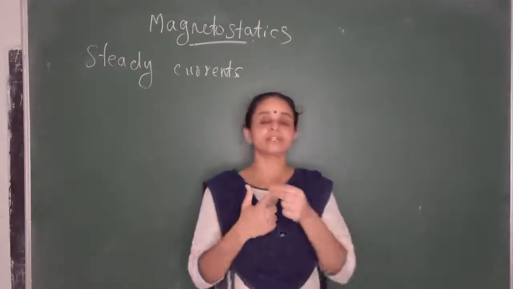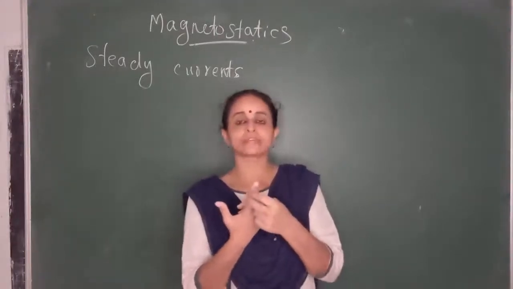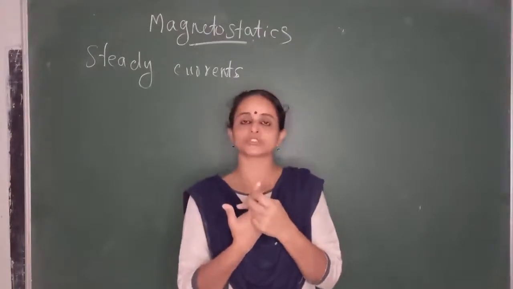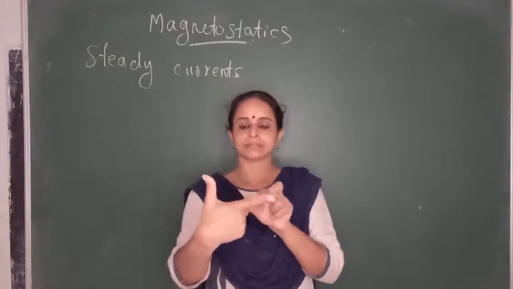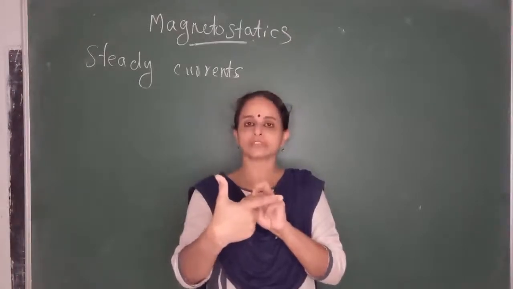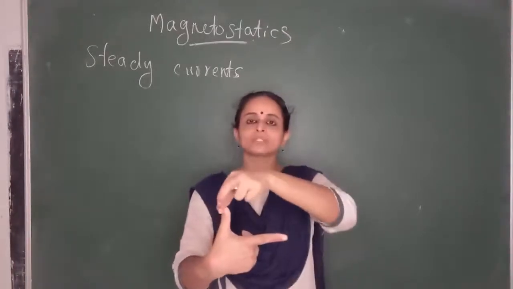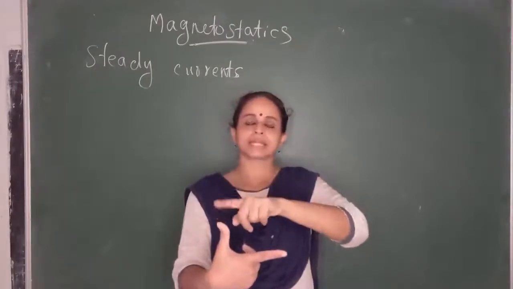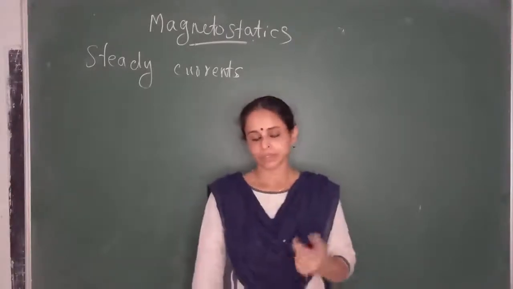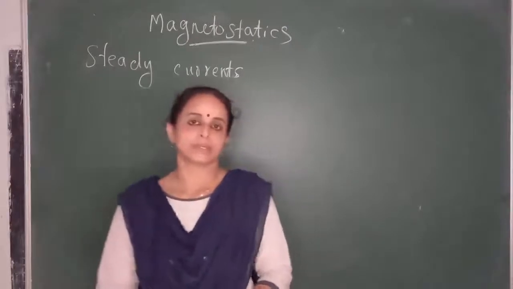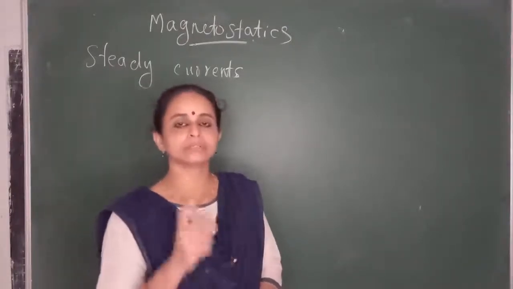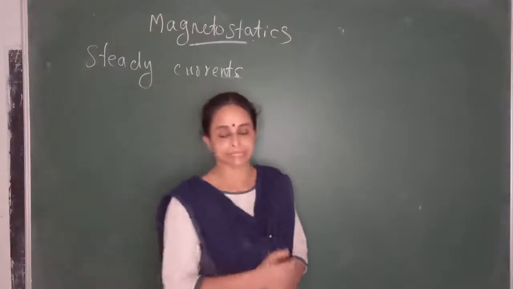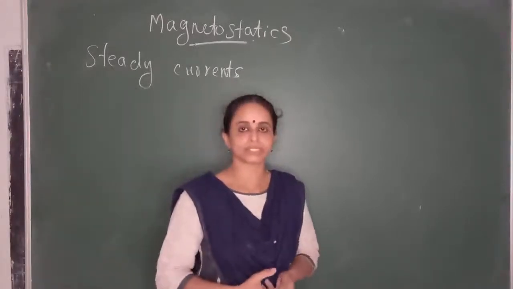That is, the fingers will represent the direction of current, or the direction of motion of the positive charges. Then this is the direction of the magnetic field. Then our thumb will indicate the direction of force. So we can give an equation for the magnetic force acting. So what is that equation?